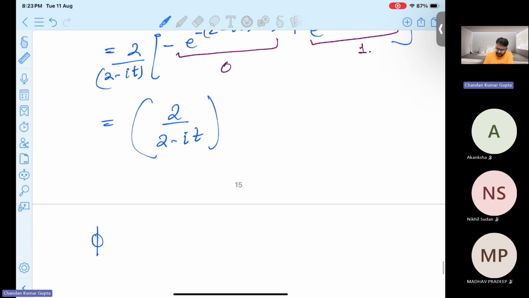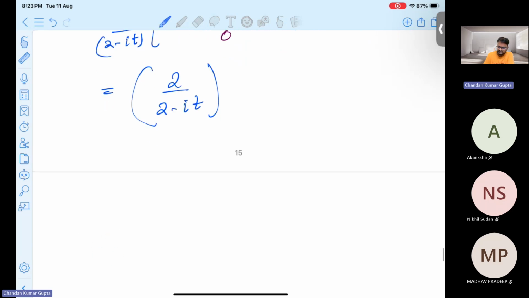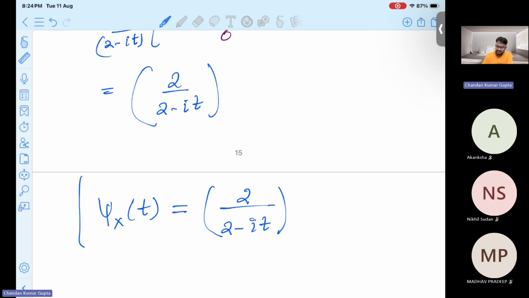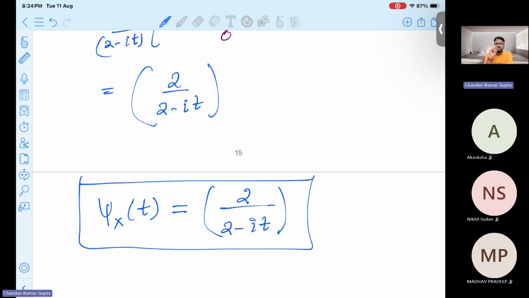So that means what? Phi X of t, which we have used, comes out to be 2 upon 2 minus it. This is the characteristic function for the random variable X when X follows the exponential distribution with the parameter 2.